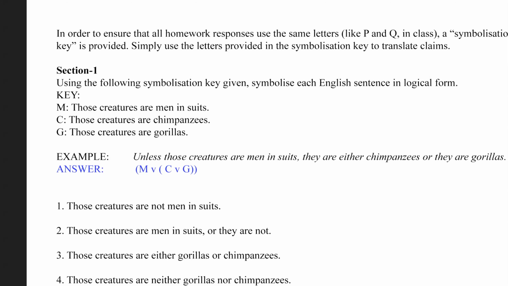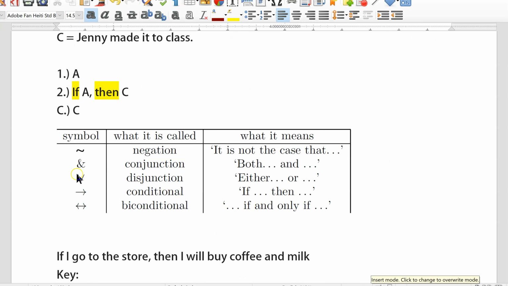Quick note, I realize that the disjunction is like this crazy slim little V. You can just use the V letter on your keyboard. I prefer you use the lowercase v in case you end up later on symbolizing something with an uppercase V, but it's not a huge deal.